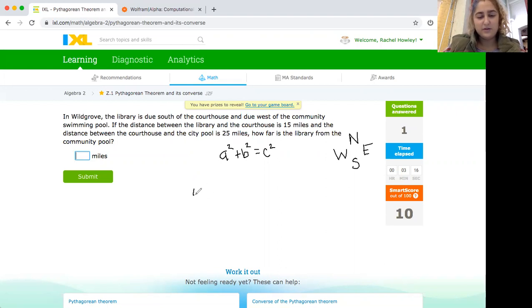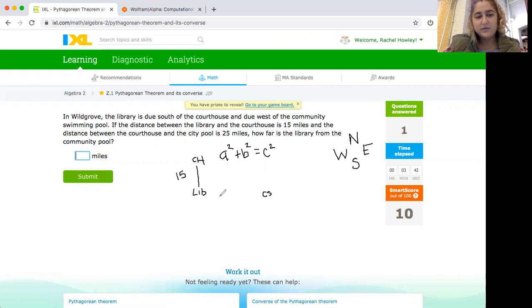So first thing I'm going to do is I'm going to write library. We'll call it lib. So it's due south and west. So it's due south of the courthouse. So we'll write CH here for courthouse, and west of the community swimming pool. Okay, so the distance between the library and the courthouse is 15 miles.